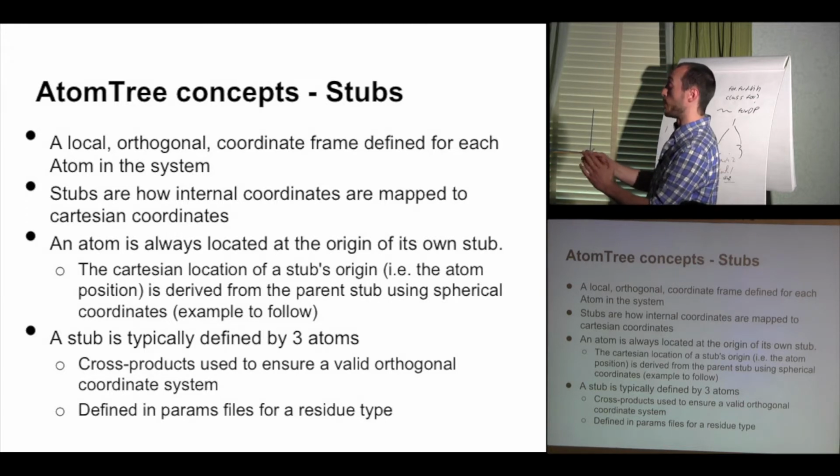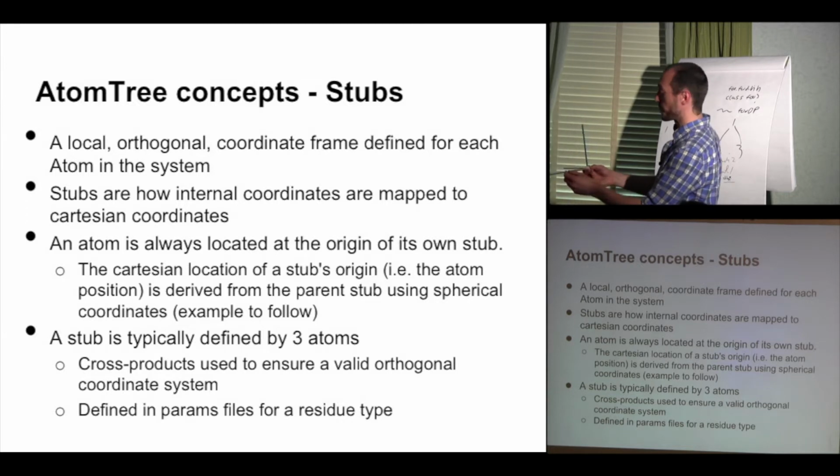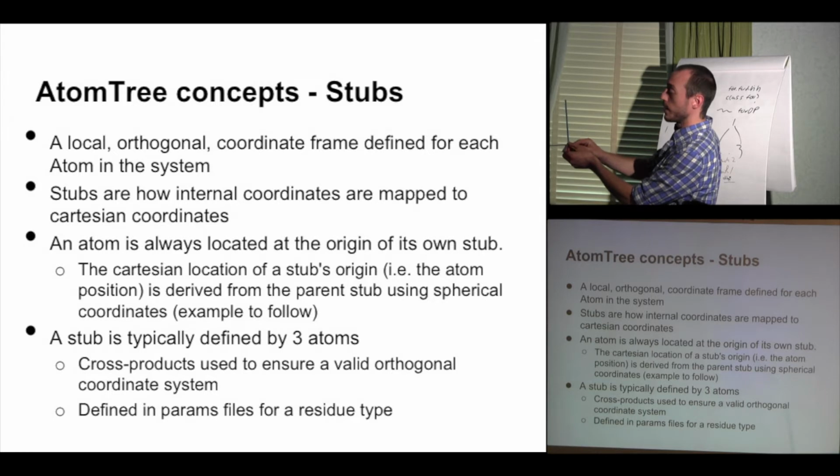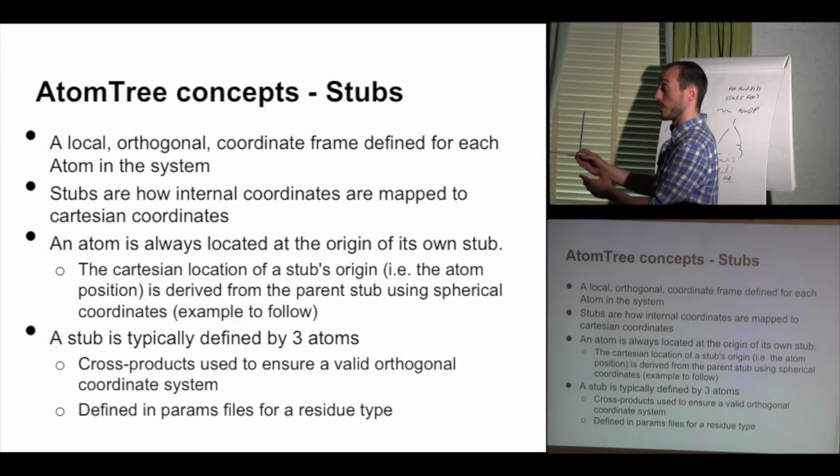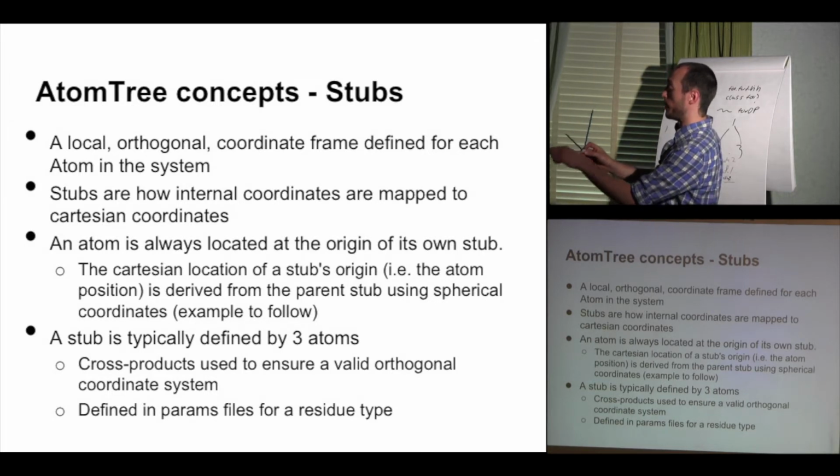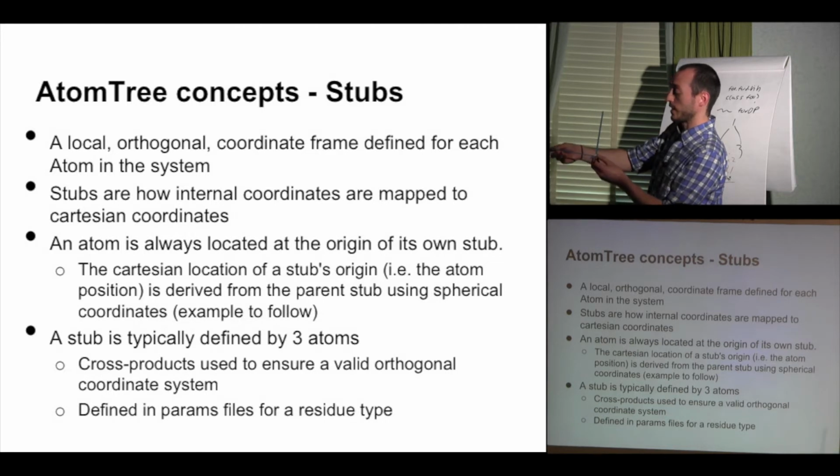So you have 3 atoms. The first atom is your origin of the stub. Your second atom defines your x-axis. The vector from the first atom to the second atom is your x-axis. Let's say that's here. And so this is our x-axis.